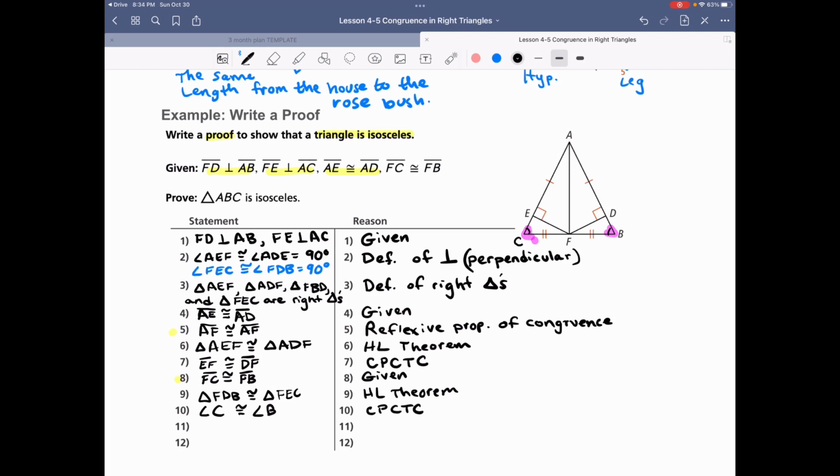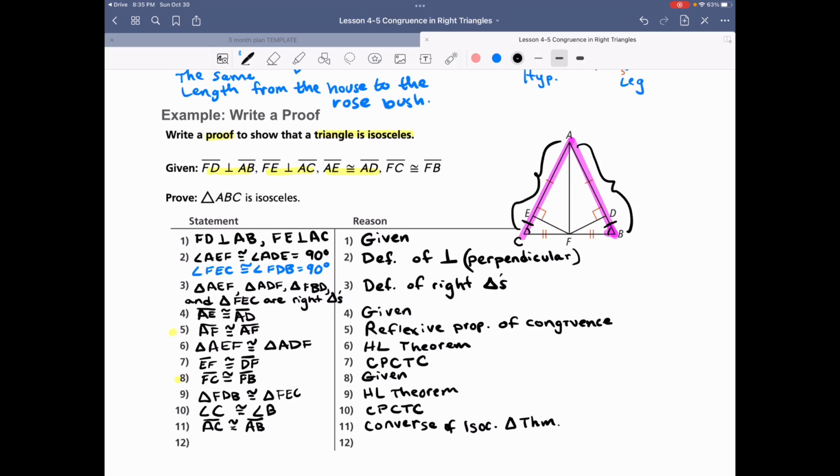For step 11, we have side AC is congruent to side AB by the converse. So we're saying that this whole length is congruent. The converse of the isosceles triangle theorem.